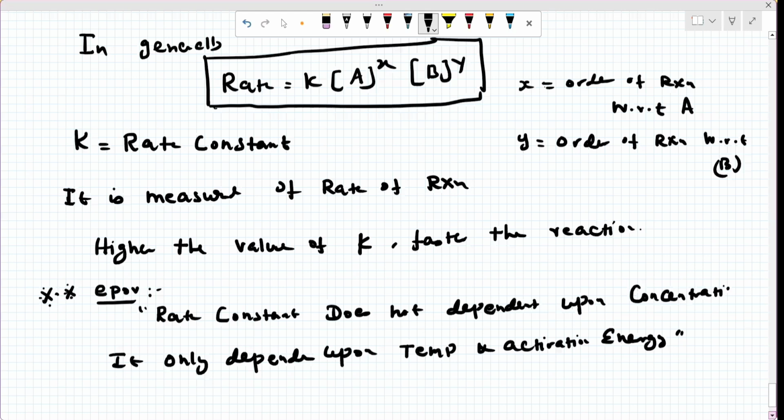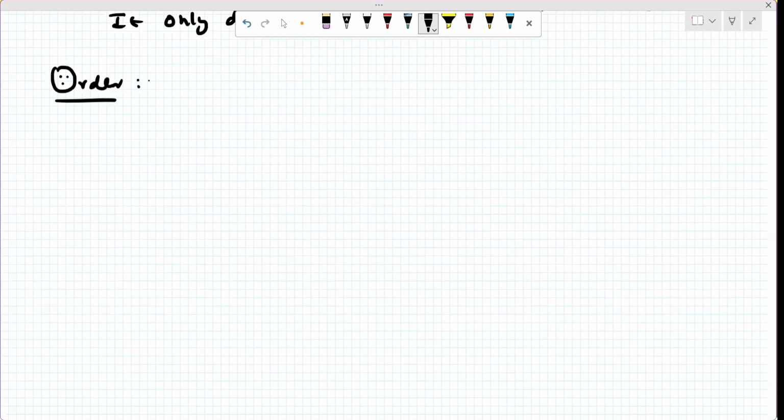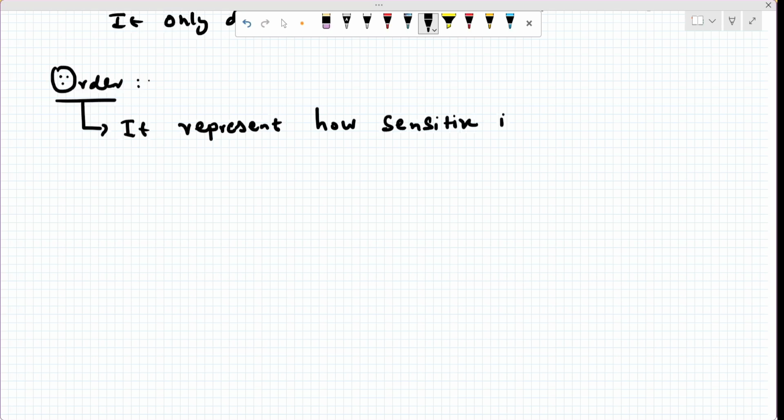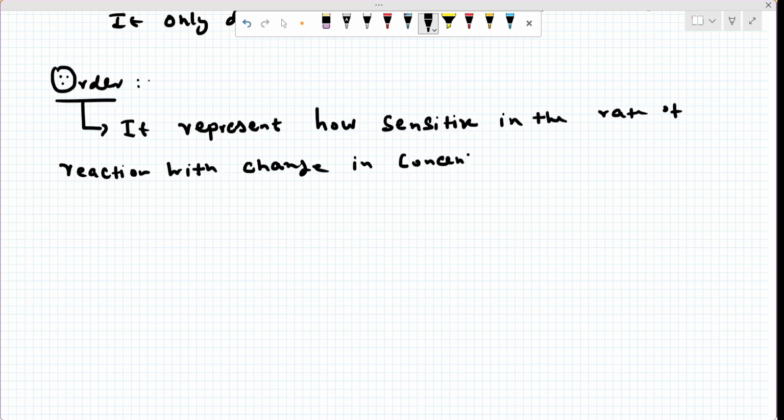Please note, it represents how sensitive the rate of reaction is to a change in concentration.